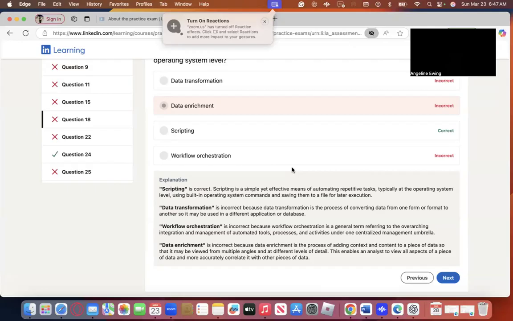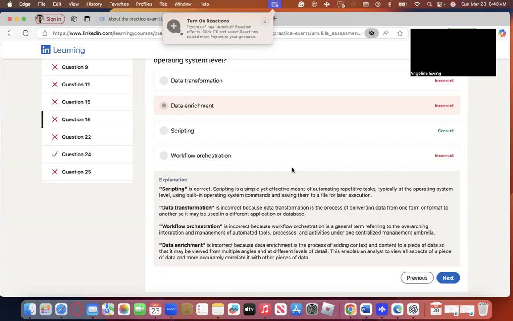Data transformation is the process of converting data from one form or format to another so it may be used in a different application or database. Workflow orchestration is a general term referring to the overarching integration and management of automated tools, processes, and activities under one centralized management umbrella.